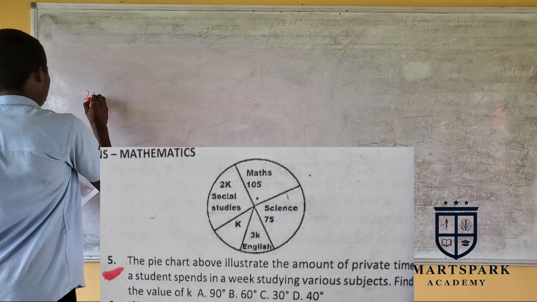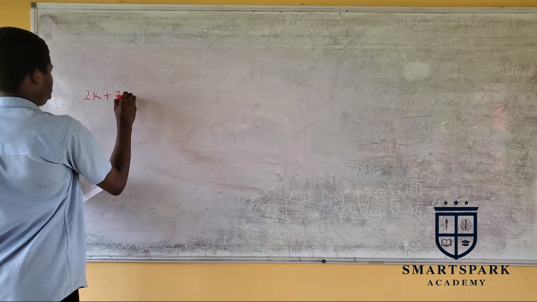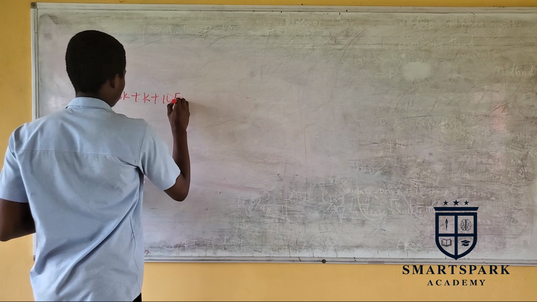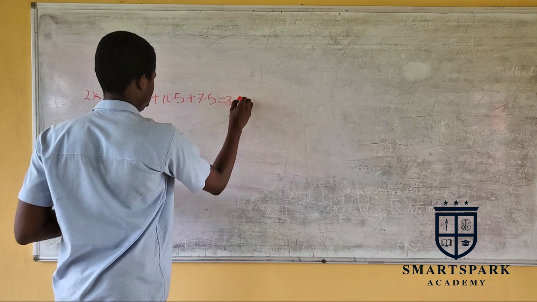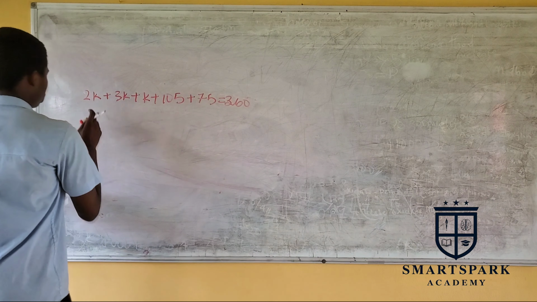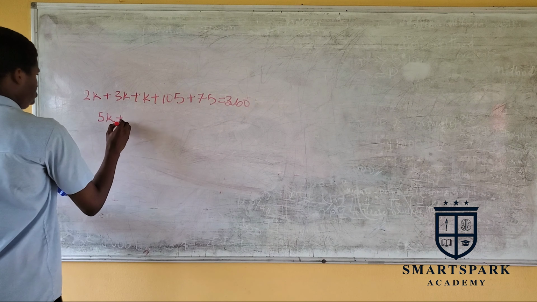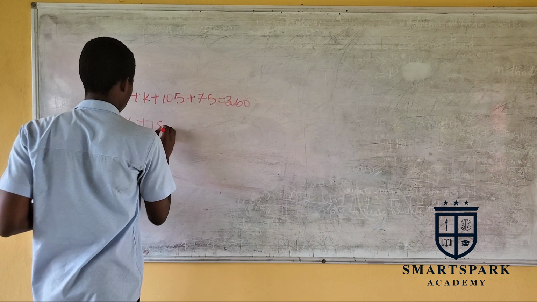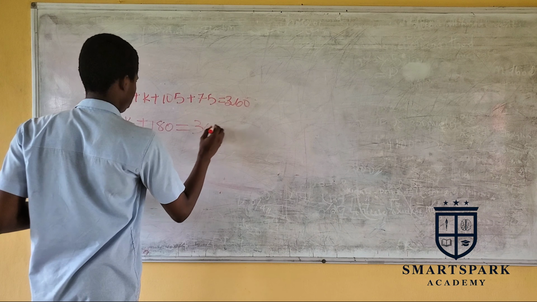This is 2K plus 3K plus K plus 105 plus 75 equals 360. Now 2K plus 3K is 5K, plus K is 6K, and 105 plus 75 is 180, which equals 360.